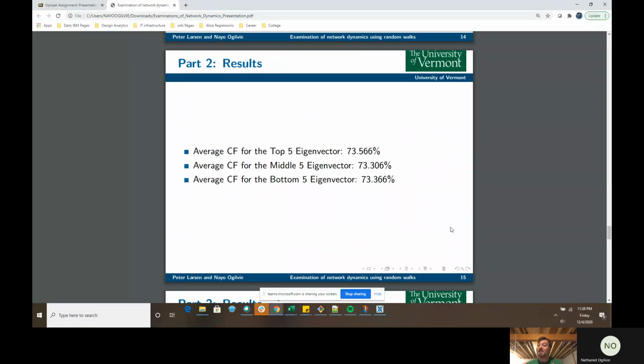However, the top five is better than the other two. And this is what we might expect, in terms of the top five being better, because they are more central to other central people, and so they're able to reach wider networks within the network as a whole. They can reach more substructures, ideally.